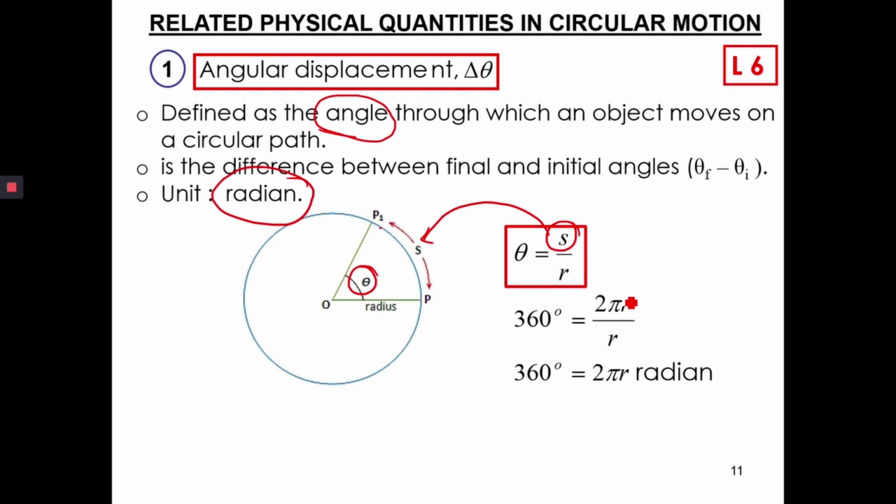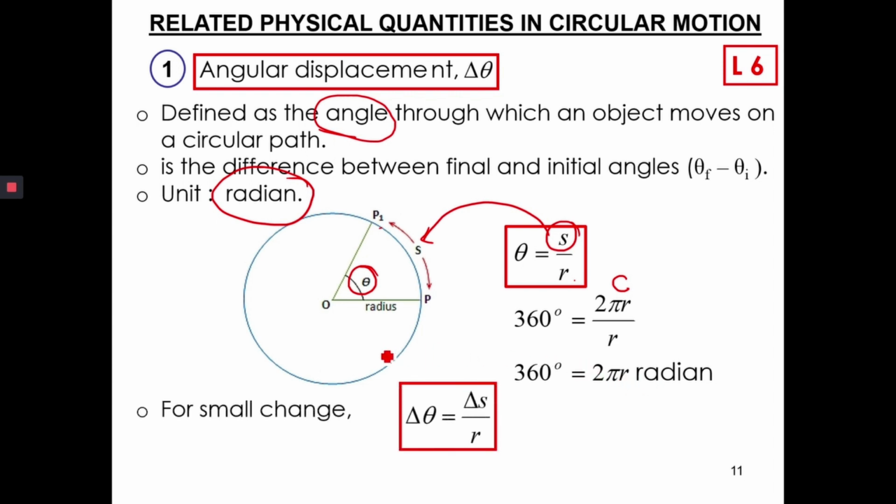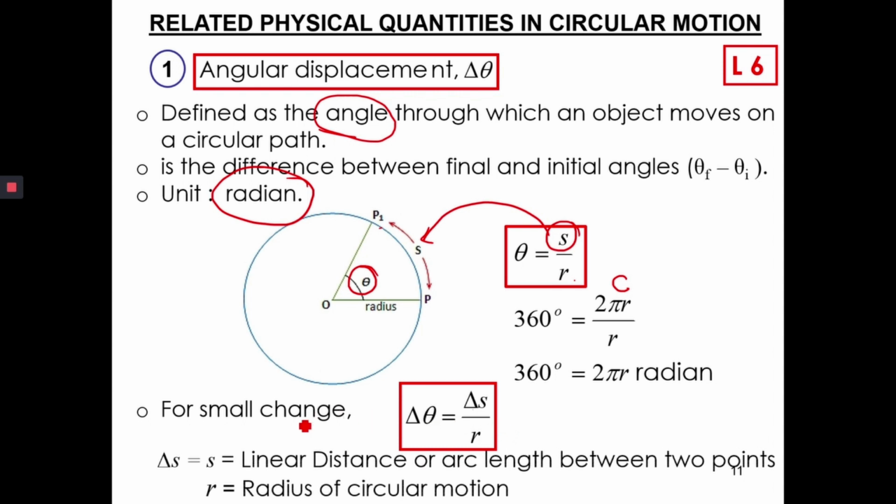One complete cycle is 2 pi r, which is the circumference, over r. 360 degrees equals 2 pi radian. For small change, we use change of angular displacement equals change of displacement per radius.